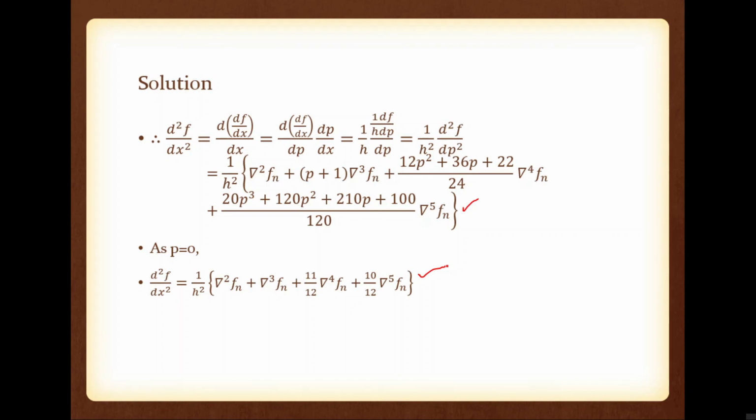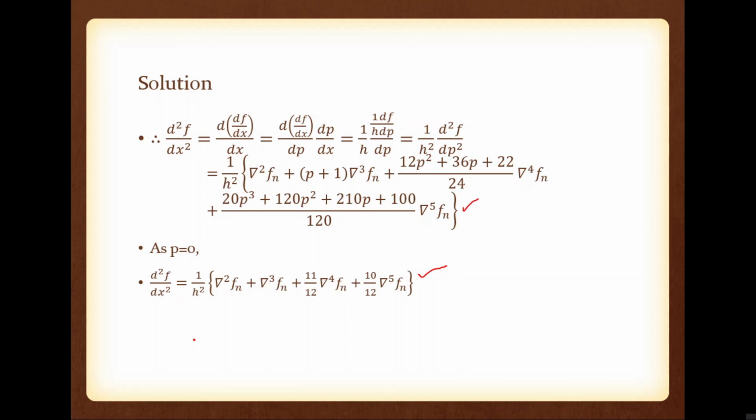So d square f by dx square is 1 by h square into del square fn plus del cube fn plus 11 by 12 del raised to 4 fn plus 10 by 12 into del raised to 5 fn. So after substituting the value, this h is 1, so 1 by h square is 1, so there is no need to write that.